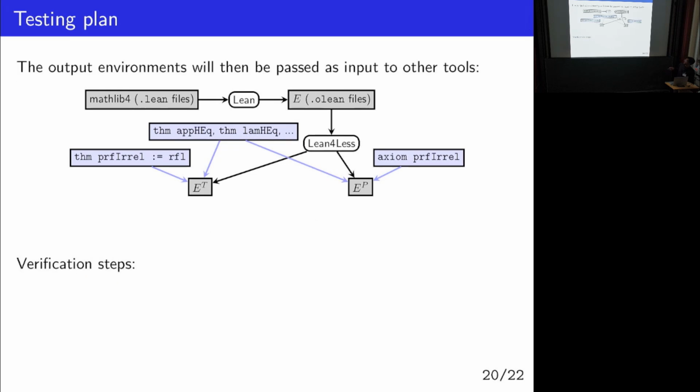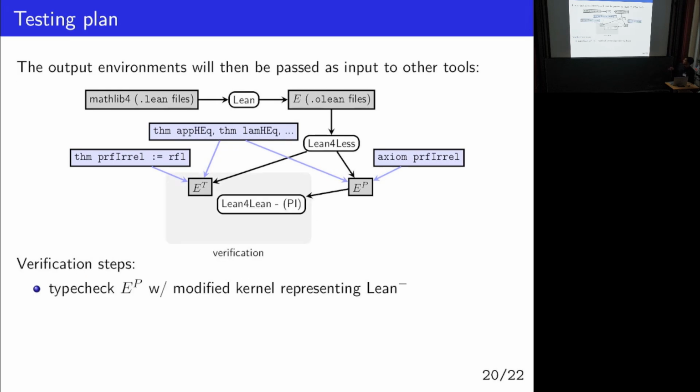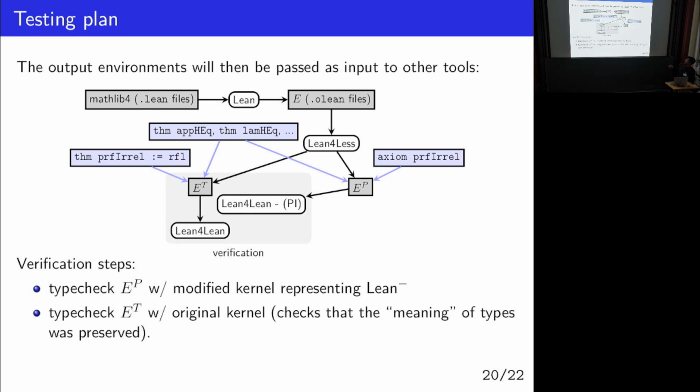These are verification steps. We'll first type check our patched environment with a modified kernel representing Lean minus. Basically, this is just Lean 4's kernel with the proof of relevance routine removed. And we'll take our verification environment ET and type check it with the original kernel.